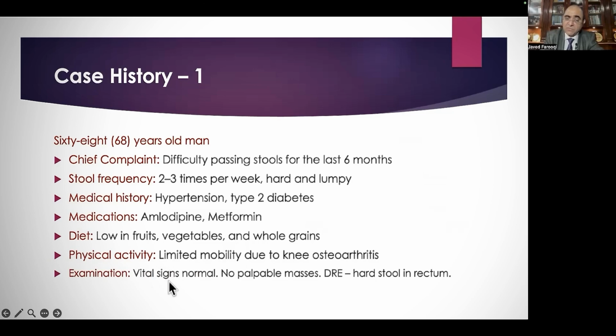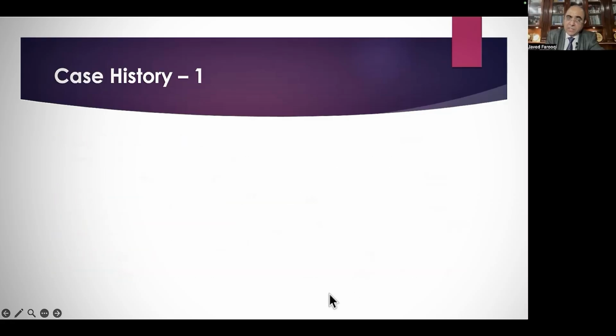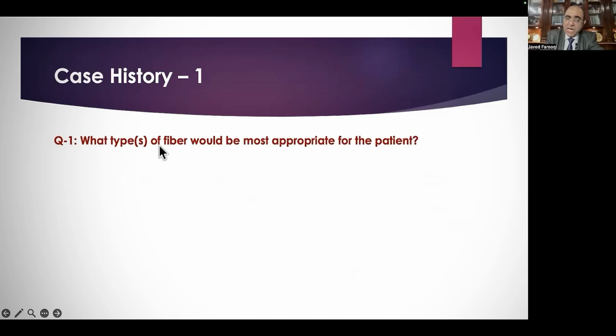On examination, vital signs normal, no palpable mass in the abdomen, and on digital rectal examination, hard stools in rectum. So the first question for this patient is, what type of fibers would be most appropriate for the patient?